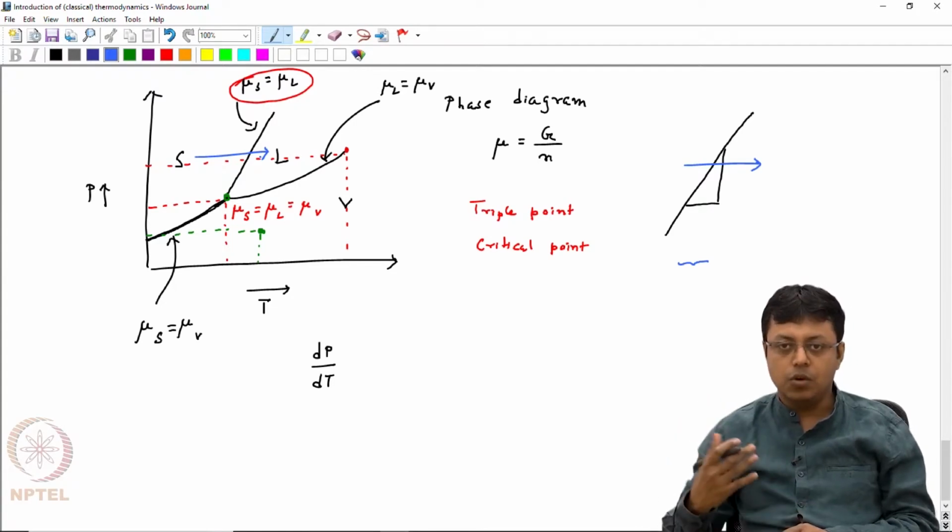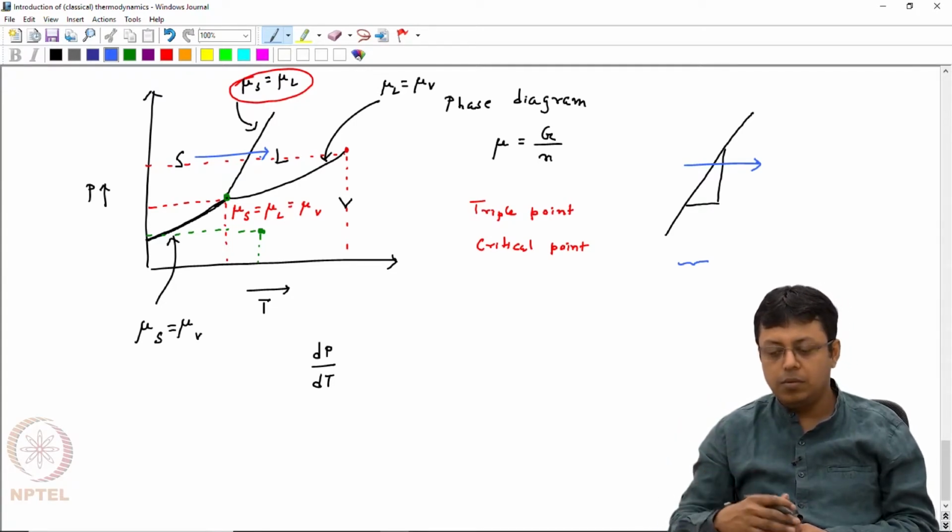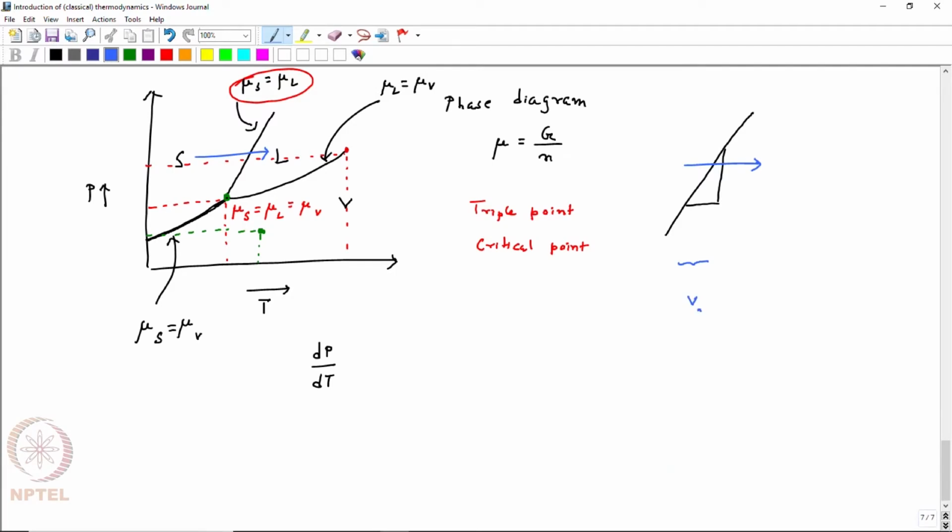So basically the slope is more or less equal to the change in the molar volume in the solid to liquid transition, which is basically molar volume of the liquid minus molar volume of the solid, or let us actually use the V bar notation with subscripts liquid minus solid, and the slope will be proportional to that. And then what we argue is that that is positive for a substance, let's say for carbon dioxide.